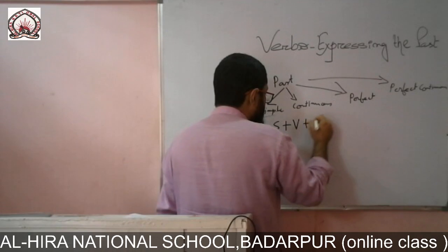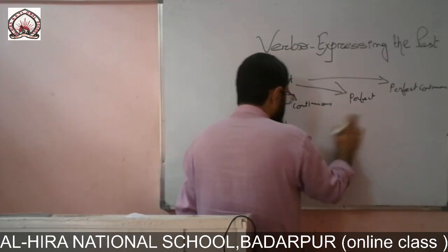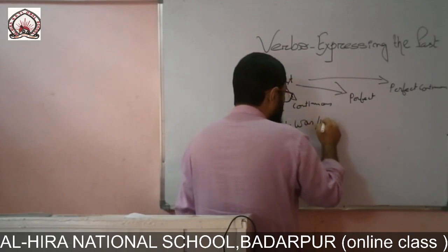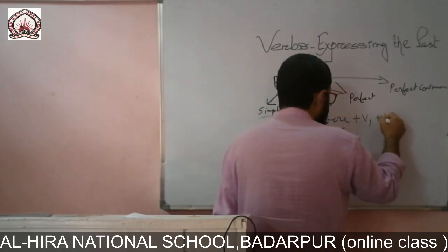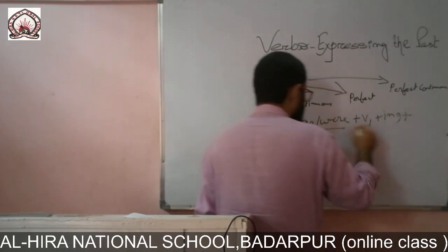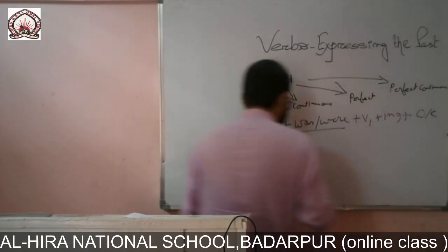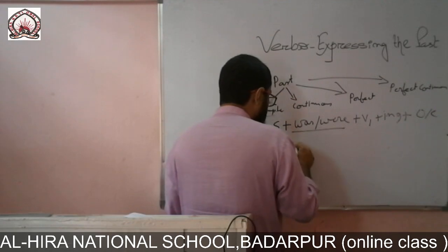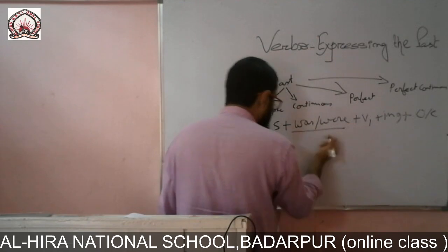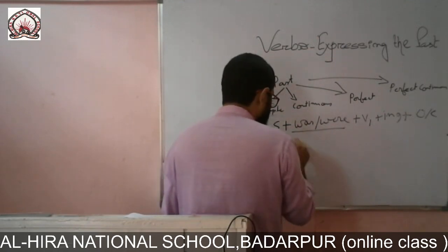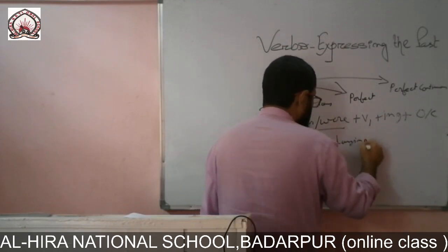Subject plus was or were plus verb 1 plus ing, then object or complement. Right after the subject we have to put the auxiliary verb, then verb 1, then ing. For example, he was playing cricket.